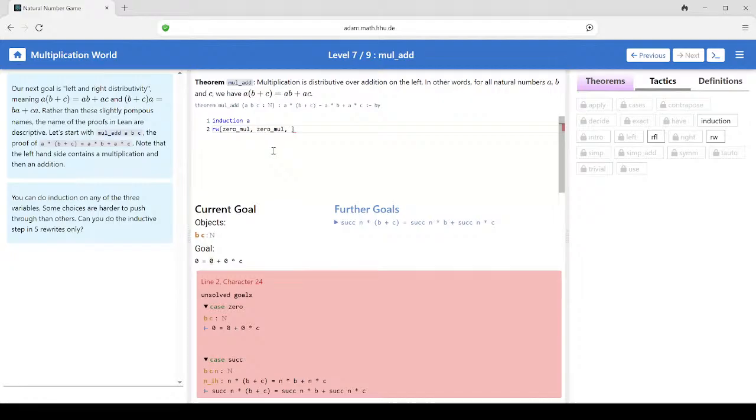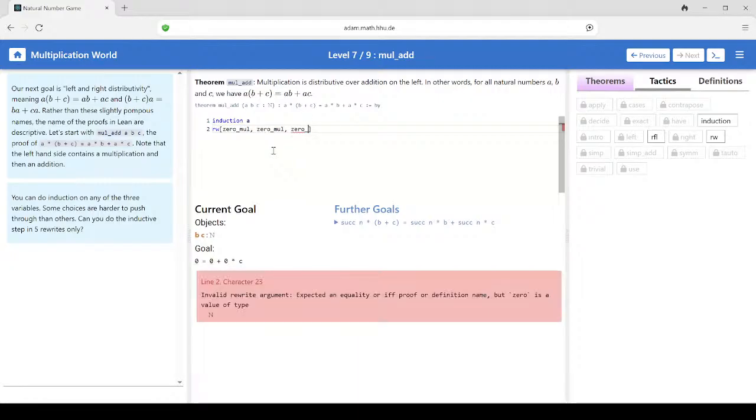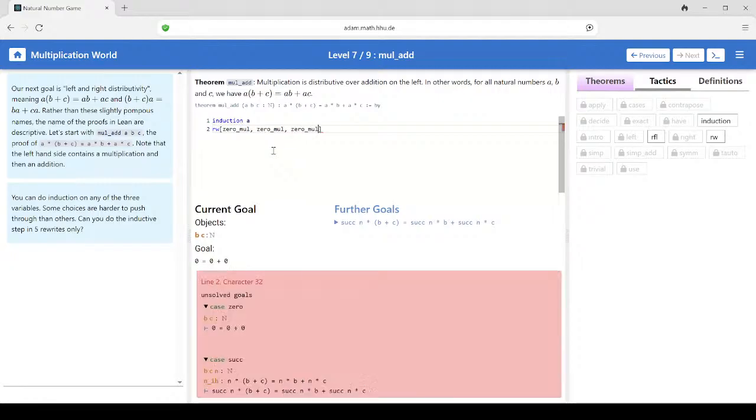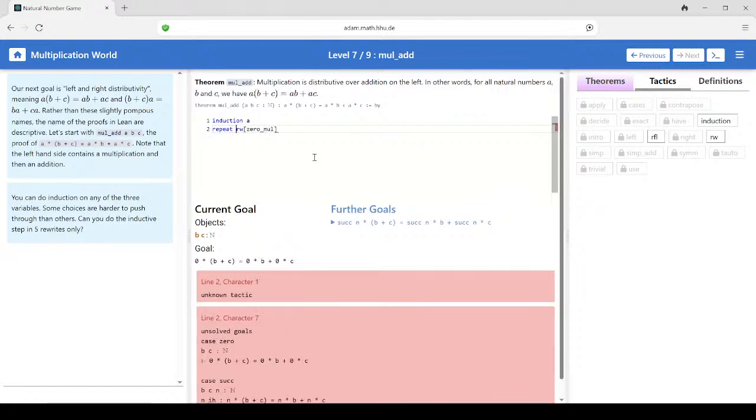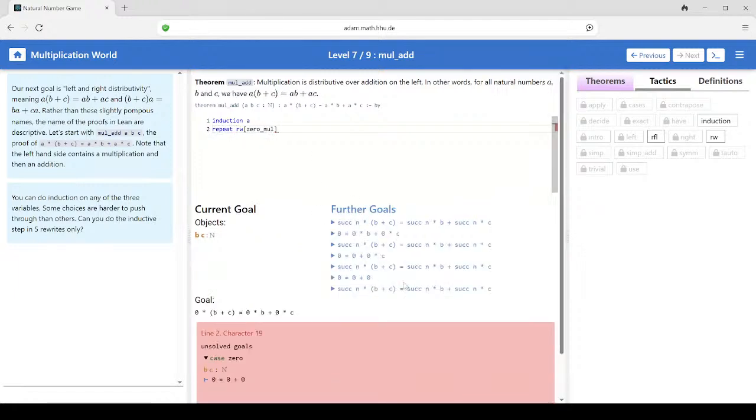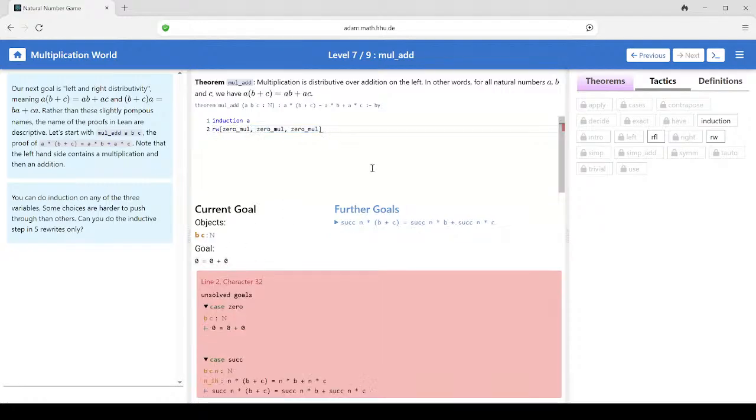And again. Can I just repeat it over and over again? I don't know why that isn't working. But what's this mean? Why is this here? Why doesn't it just apply it to this? I don't know. Anyway, that works. Does this count as 3 rewrites? I guess it does.